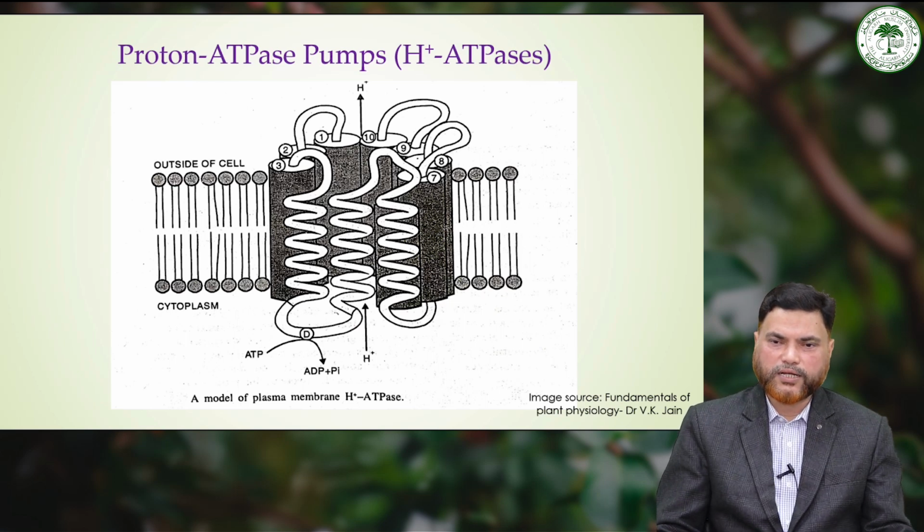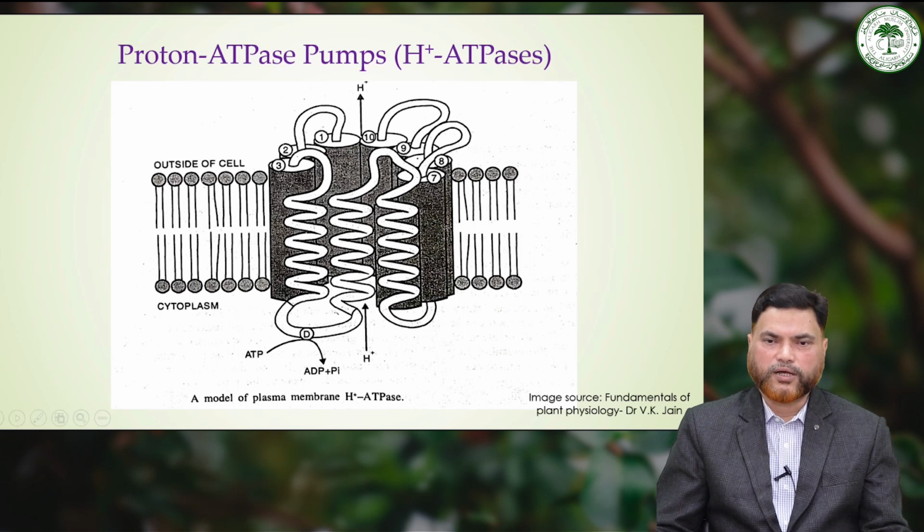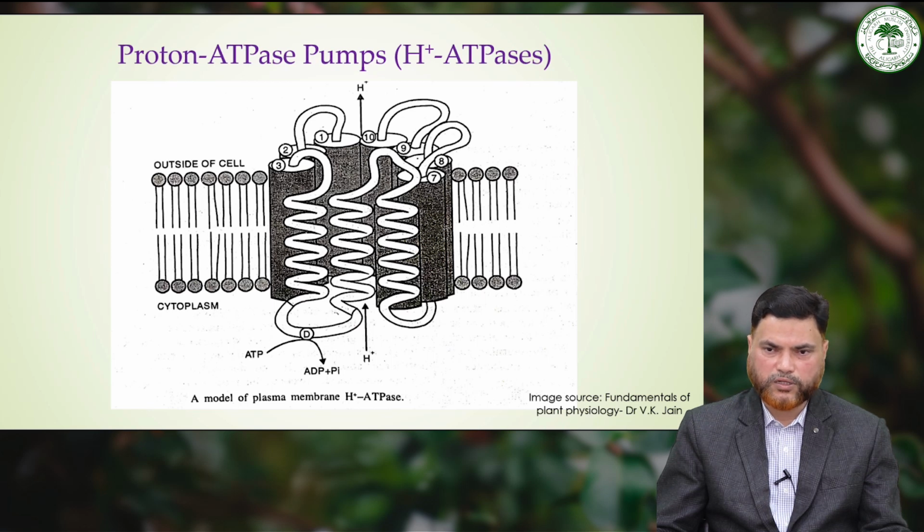These segments are interconnected by hydrophilic loops that extend into the cytosol and the cell wall. The ATP binding site is believed to be located at the aspartic acid residue positioned on the loop connecting the 4th and 5th segments toward the cytosolic side.